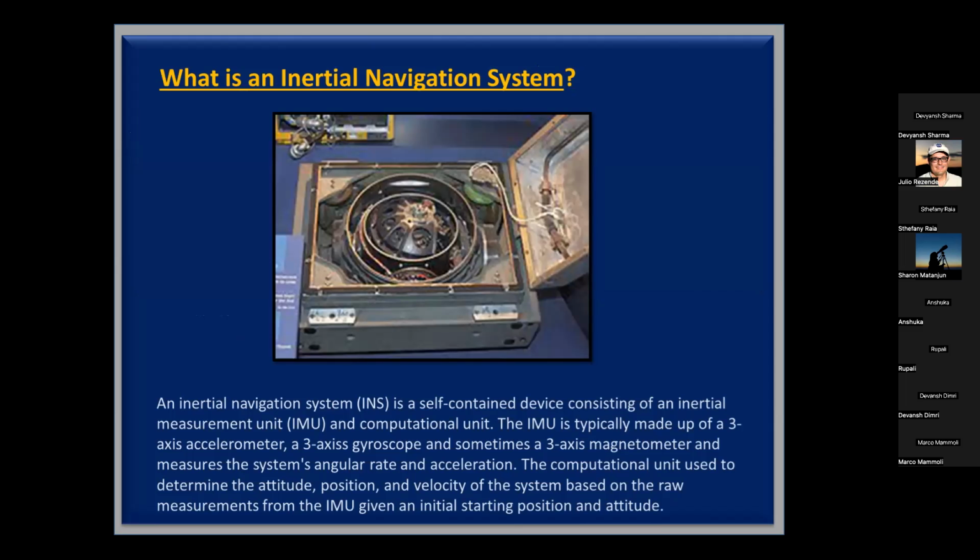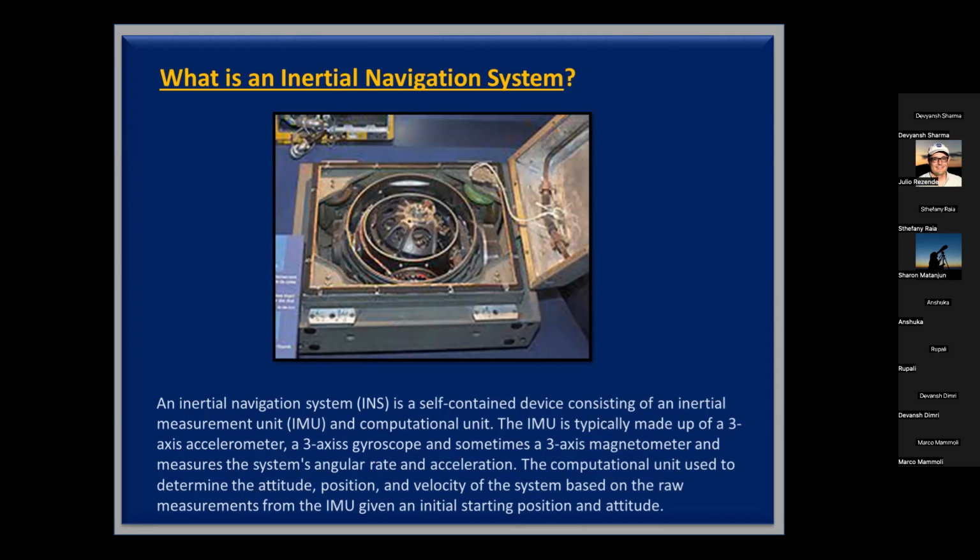So the word inertial comes from inertia, the property of a body to maintain constant translational and rotational velocity unless disturbed by forces or torques. The word inertial also comes from the inertial reference frame, which uses Newton's laws of motion, and here the inertial reference frame is neither rotating nor accelerating.